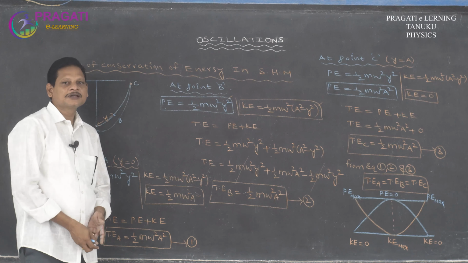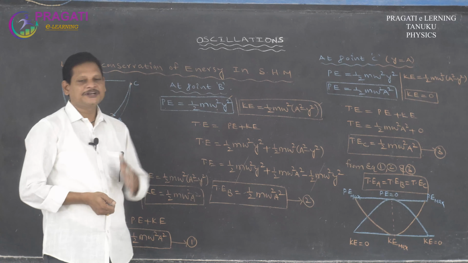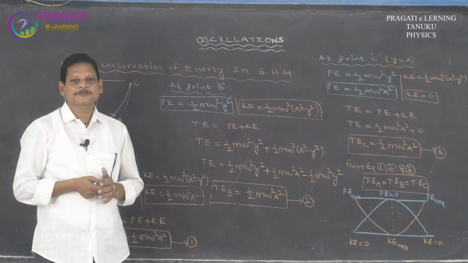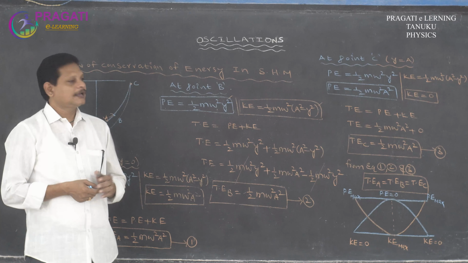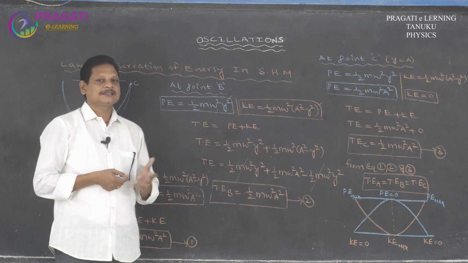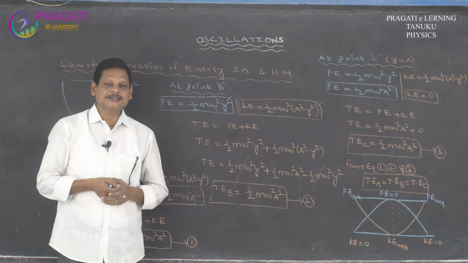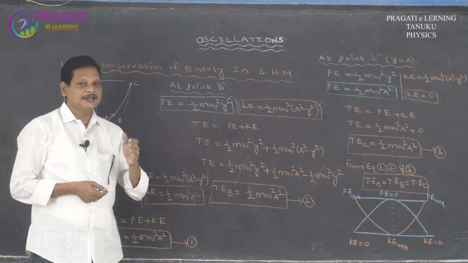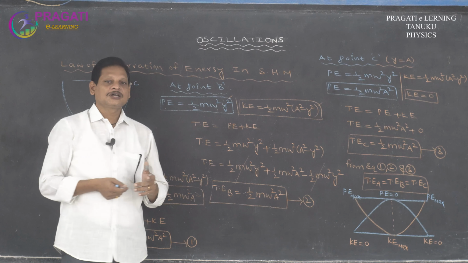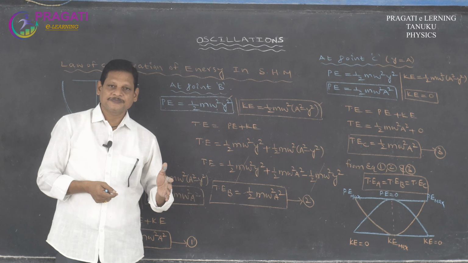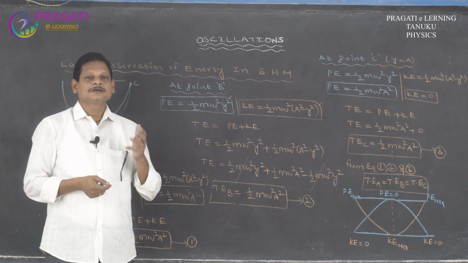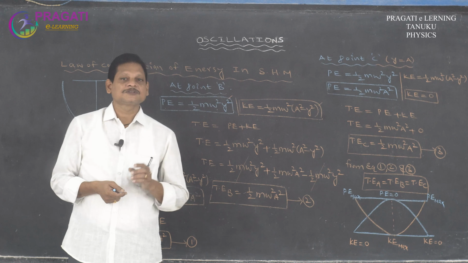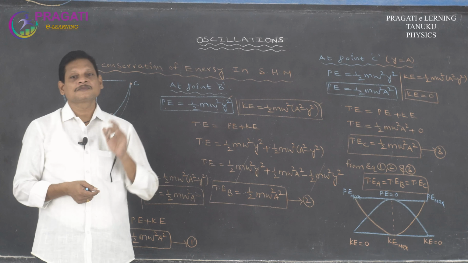So in this session we discuss about expression for the kinetic energy, potential energy, and also verify the law of conservation of energy in the case of simple harmonic motion. So still in oscillations we covered a number of topics. They are periodic motion, oscillatory motion, simple harmonic motion.